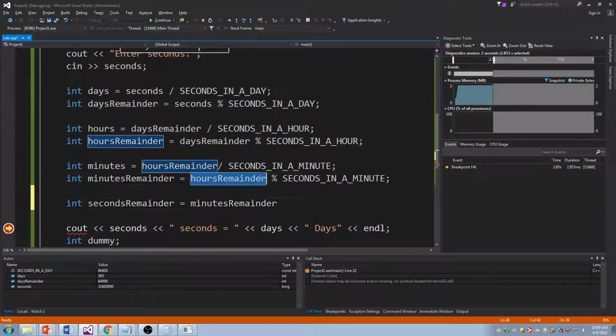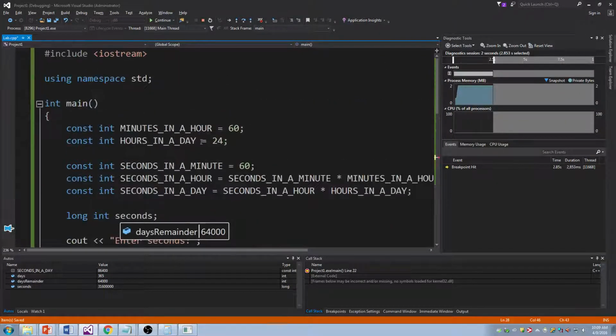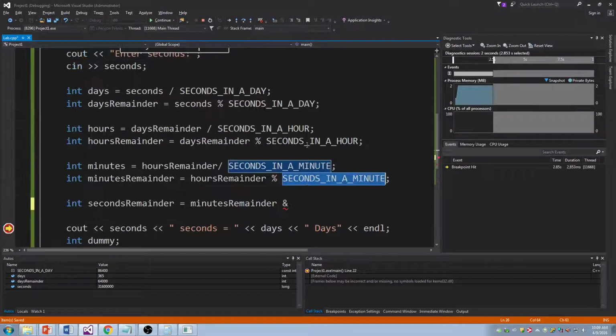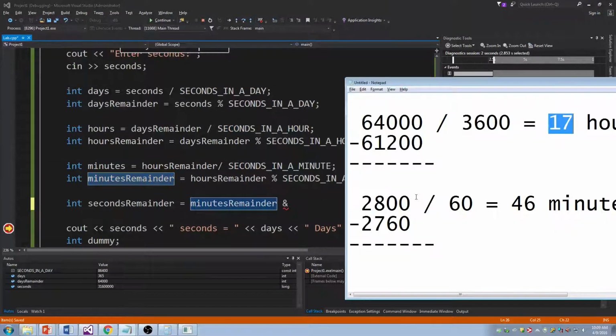So hours remainder gives me how many minutes are left. Seconds in a day, seconds in an hour, seconds in a minute. Let's give me this.